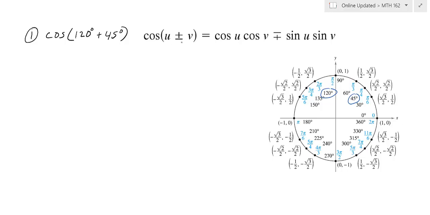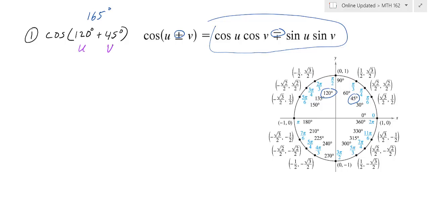So if we use this formula here, with the cosine of u plus v equal to the cosine of u cosine of v minus sine of u sine of v, then we can use this part of the formula to actually find the cosine of this 165 degree angle. On this problem, we're going to use the 120, and it doesn't matter here, but we're going to call this u, and the 45 degrees is going to be equal to v.